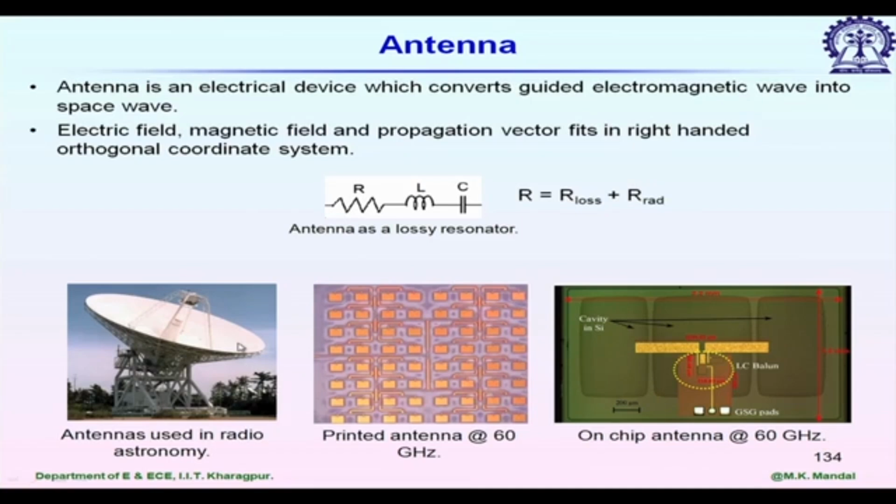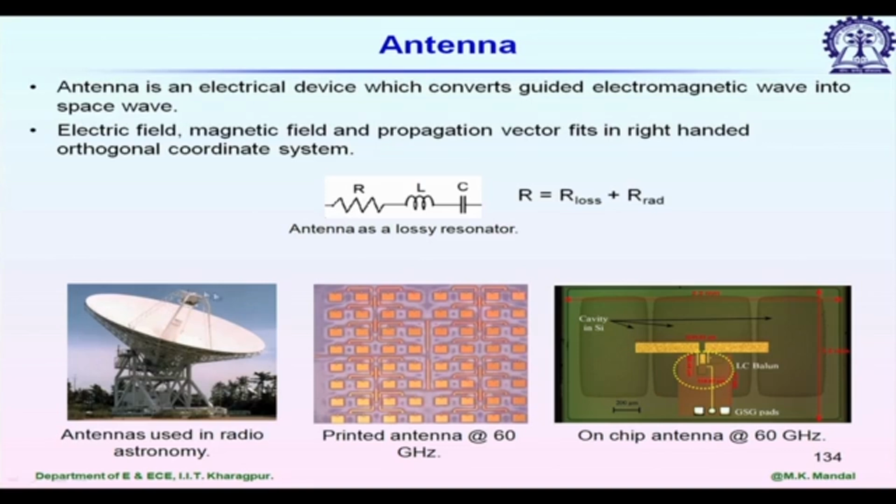So for an antenna, we have to generate these two electric field and magnetic field components which will be in the same phase.